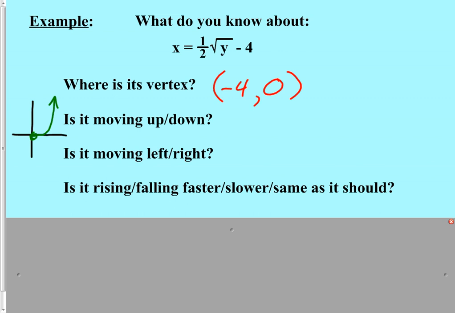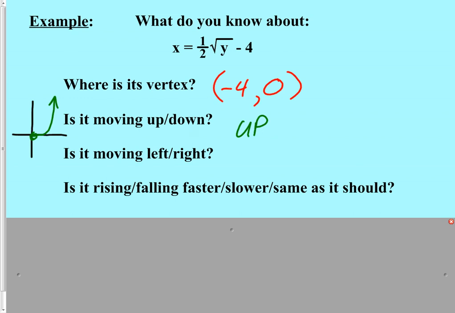But we're looking at an inverse this time, so we're not looking at the sign of the entire function. This time we're just checking, has the y value been reversed? So now we're just looking underneath the radical. Look at y. Has its sign been changed? It was supposed to be a positive. It is a positive. Nothing has been changed there. That is moving upward.